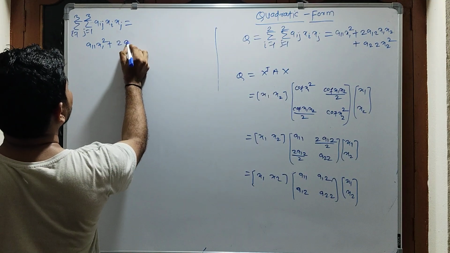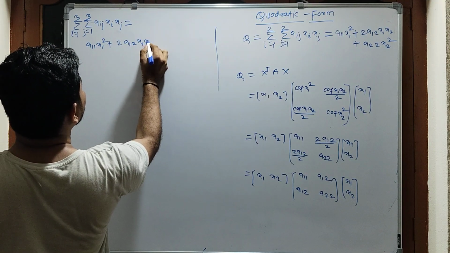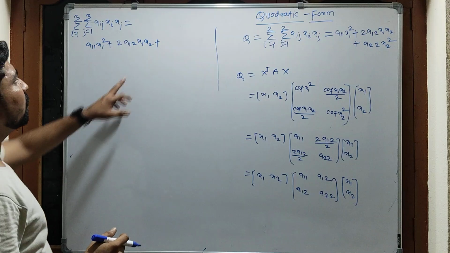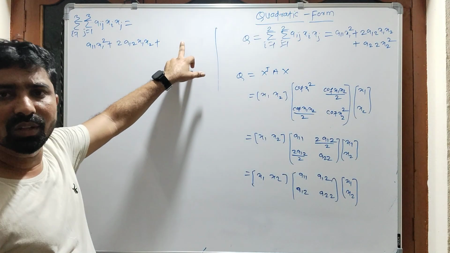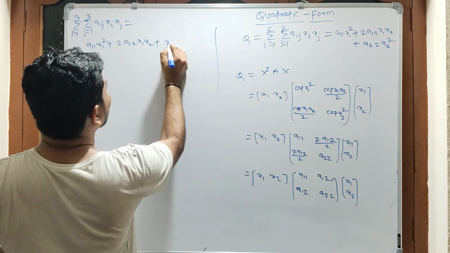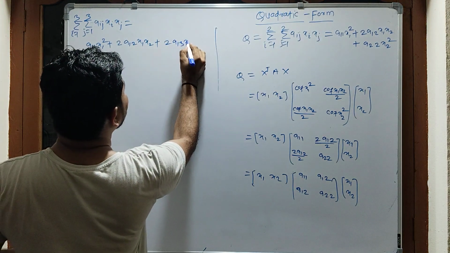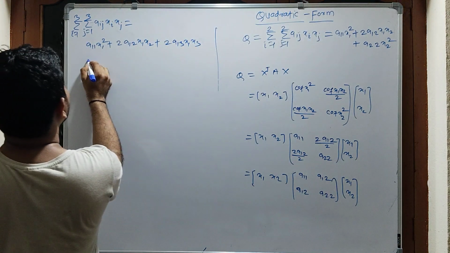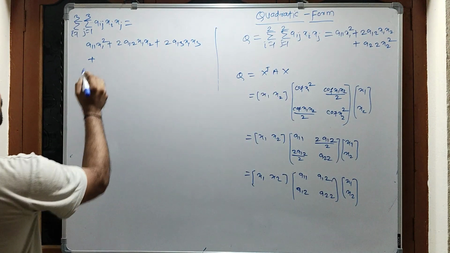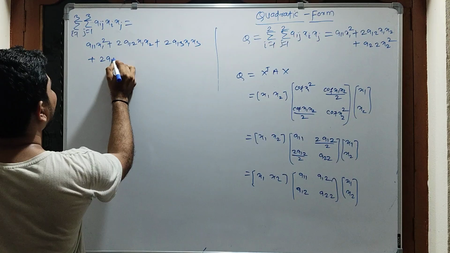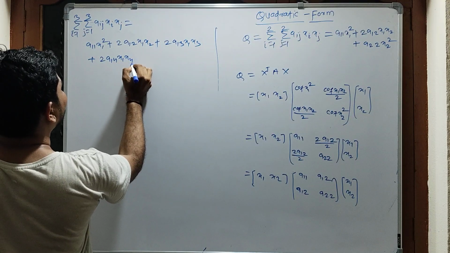This is 2 times a12 x1 x2 plus, now the a13 position, a13 is same as a31. So 2 times a13 x1 x3. Now a14 is same as a41. Write 2 times a14 x1 x4.